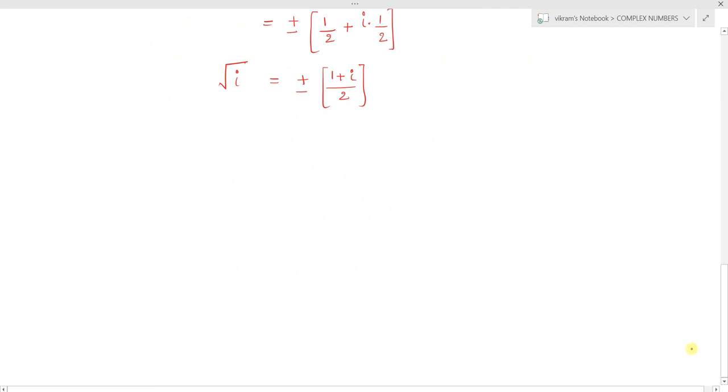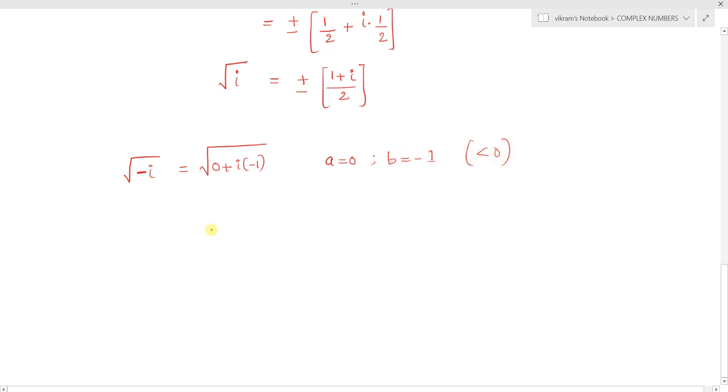And similarly, what is the square root of minus i? The square root of minus iota can be written as 0 plus iota times minus 1. So we can write a equals 0 and b equals minus 1, which is less than 0.